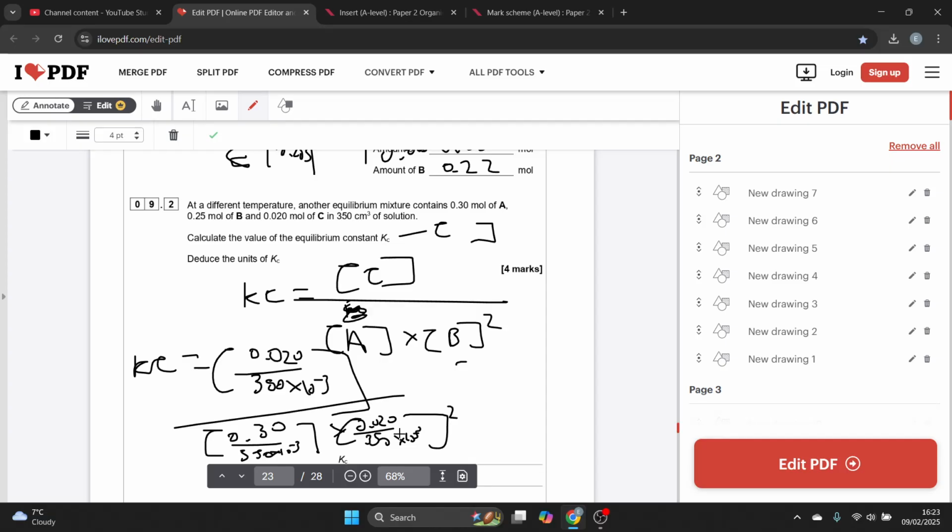Okay, so 0.020 divided by 350 times by 10 to the power minus 3, divided by 0.30 divided by 350 times by 10 to the power minus 3, times by 0.020 divided by 350 times by 10 to the power minus 3, squared. And I get Kc as 20.